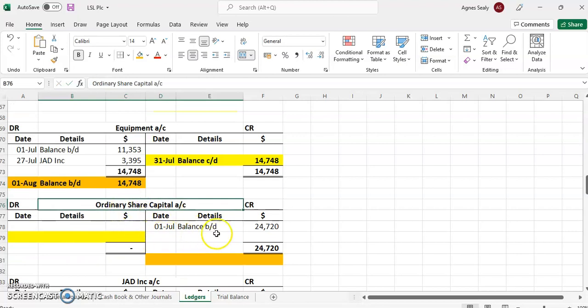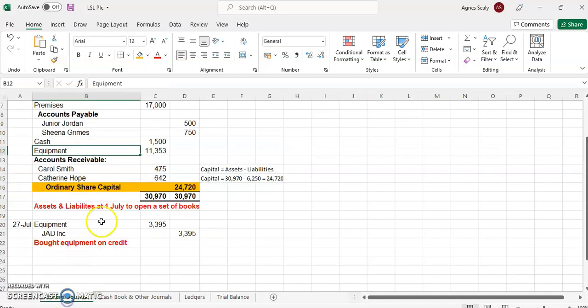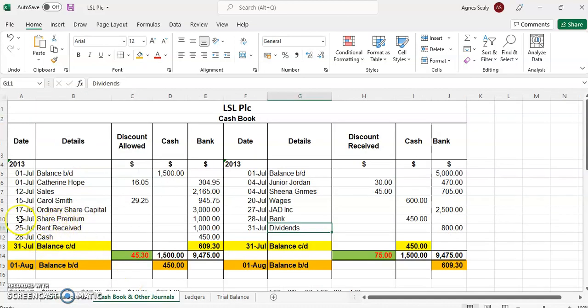So that's an ordinary capital. The ordinary capital started with $24,720. And then on July 17th, there was an issue of additional ordinary shares of $4,000 at a par value of 75 cents. And the premium was 25 cents.